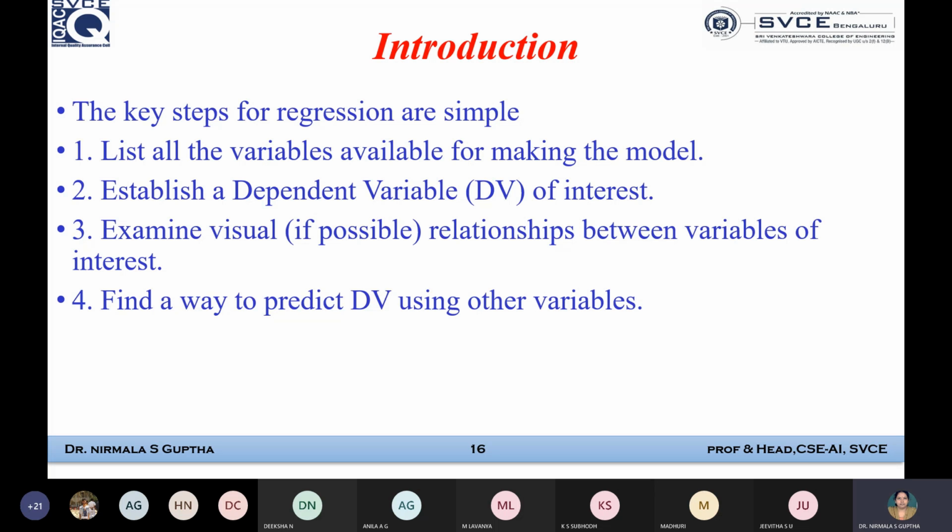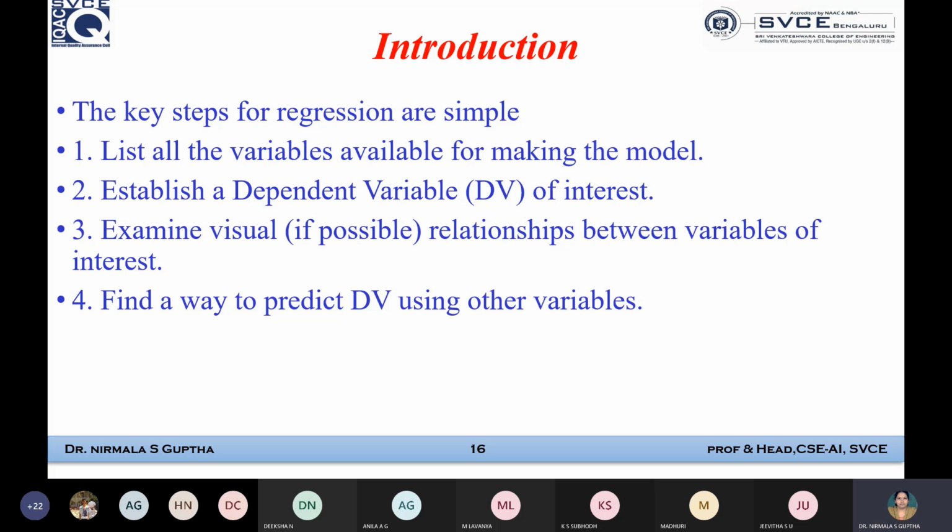Next, the thing we need to understand is what are the key steps in the regression? What are the number of steps which are supposed to be followed when I'm trying to do the statistical analysis using regression as a technique in data mining application.